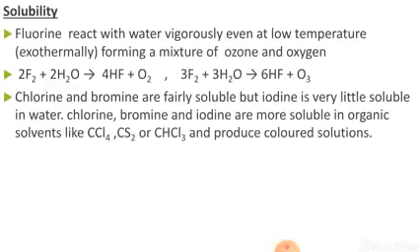Chlorine, bromine and iodine are more soluble in organic solvents like CCl4, carbon tetrachloride, carbon disulfide and chloroform, and produce colored solutions. So these are about the solubility of halogens.